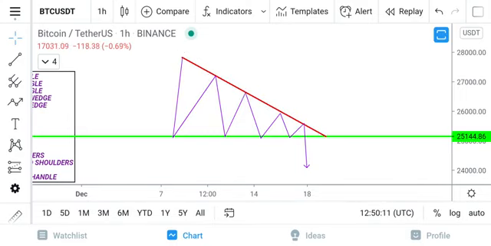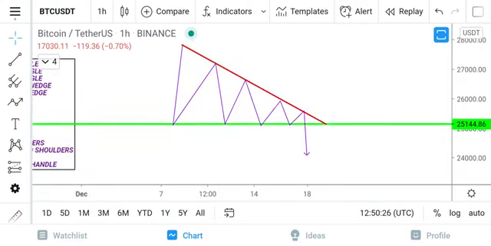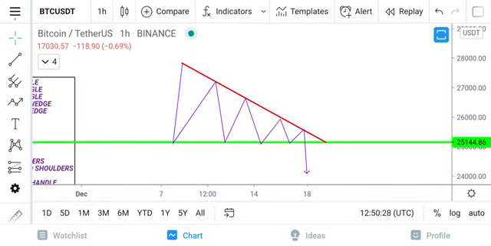You know, an ascending triangle is making higher lows towards a resistance. So those are the two major differences. You buy here, you sell at this point.